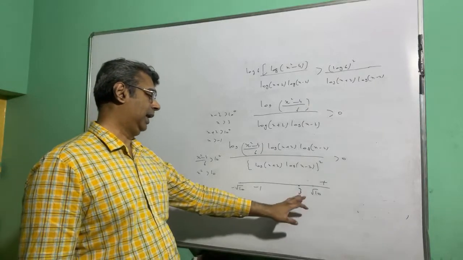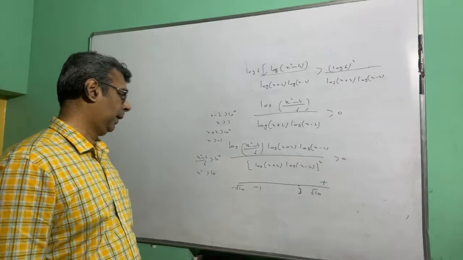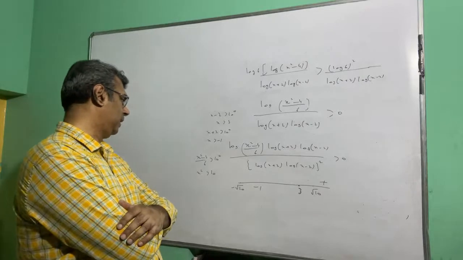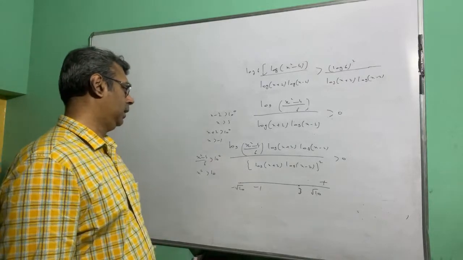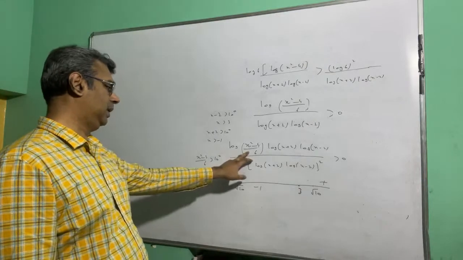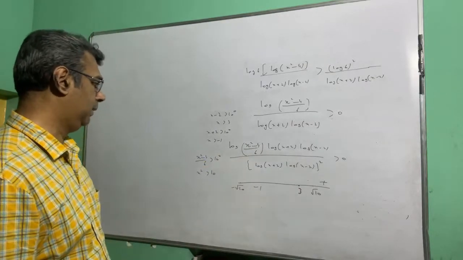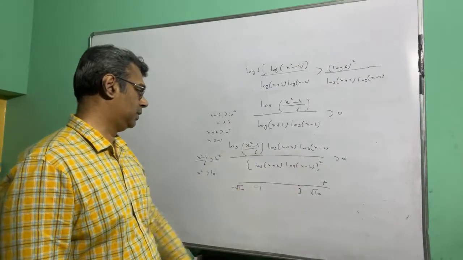Now x is more than 3 but less than root 10. So if x is less than root 10, in that case this will be negative, this will be negative, right? But it is more than 3, so these two will be positive.